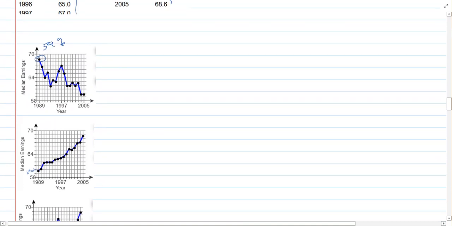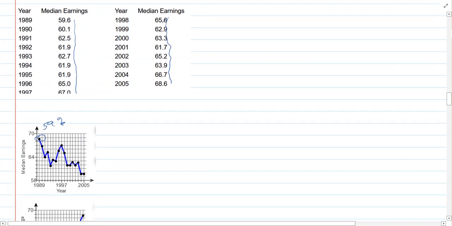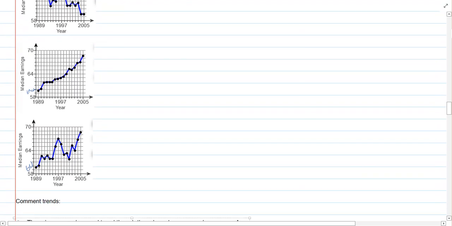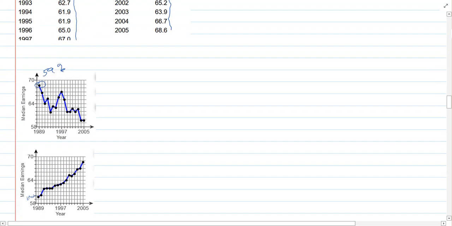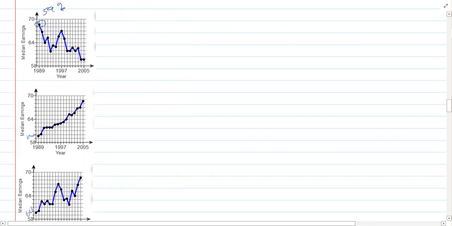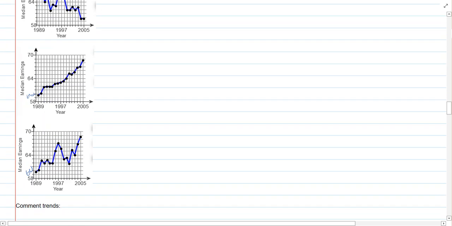So let's look at the next one. The next one says 60 and change. So this one's 60 and this one's 60. Both of them are 60. So that's good. And the next one is a spike. And the spike is 62 and a half. So 60, 61, 62, and a little bit.